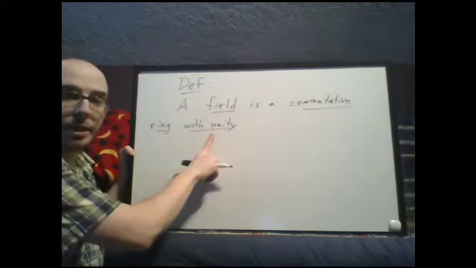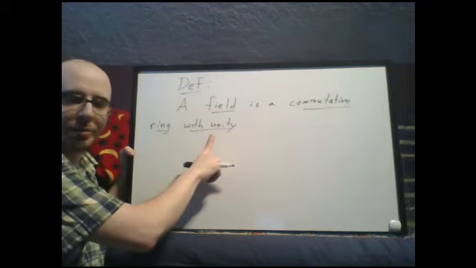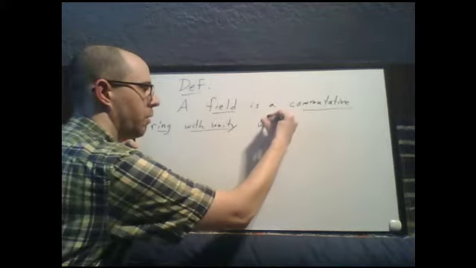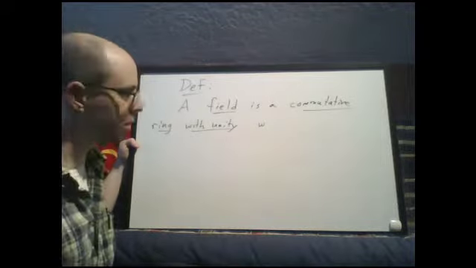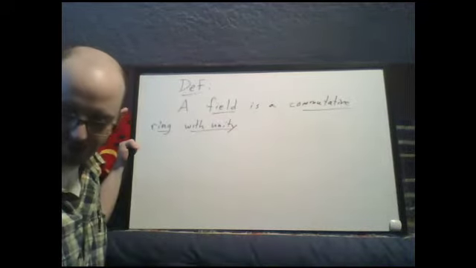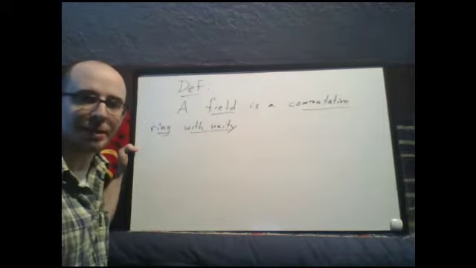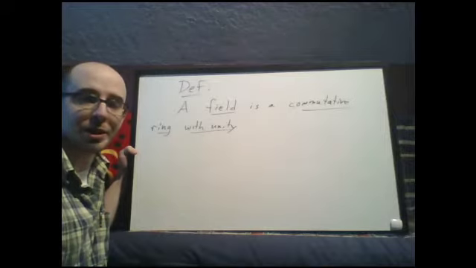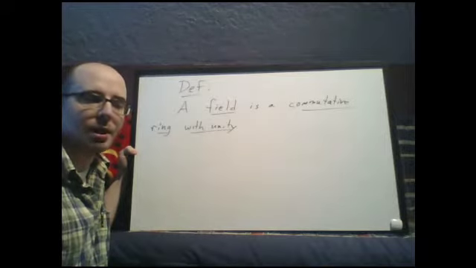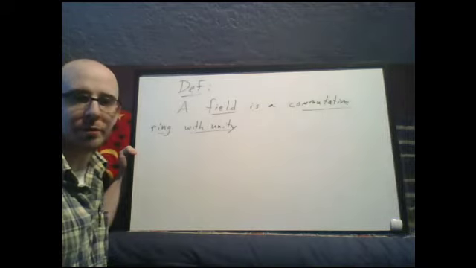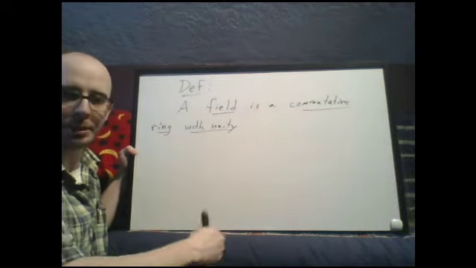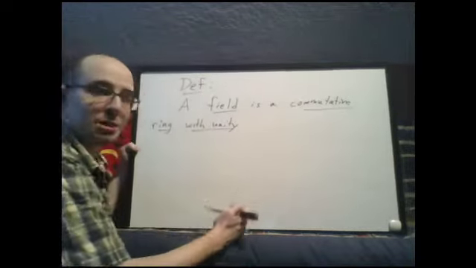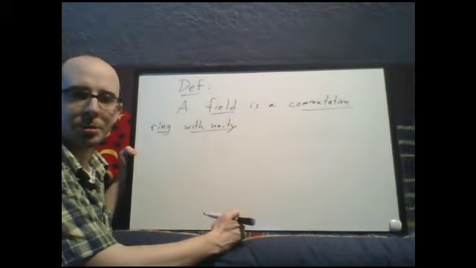With unity means it has a multiplicative identity element called the unity element, or 1, in which the other property that we want to have is the existence of multiplicative inverses. And like we proved in the previous video, the element 0 can never have an inverse. You can't ever find something to multiply 0 by to get 1, because 0 times anything is always 0. So the best we can hope for is every non-zero element has a multiplicative inverse.